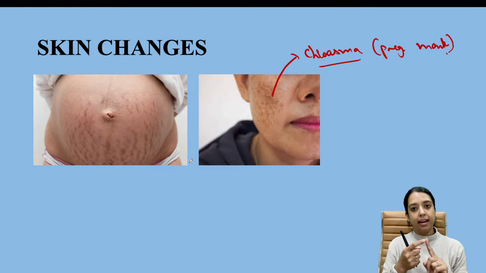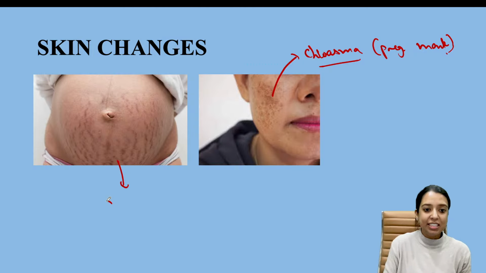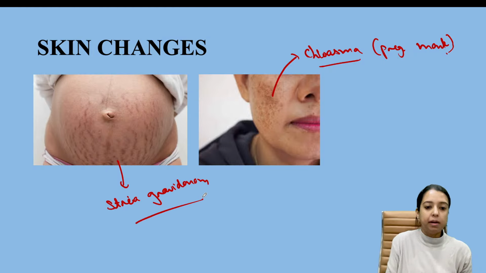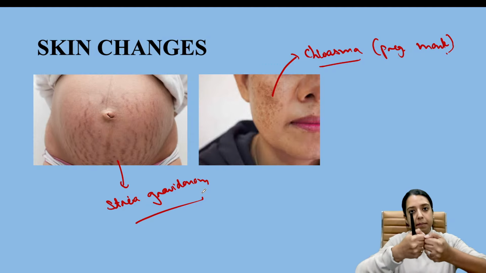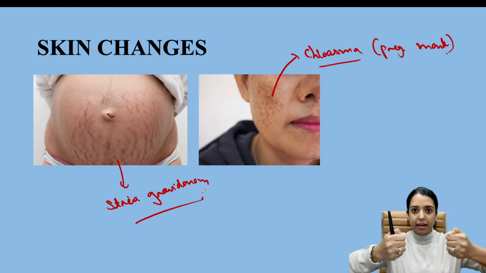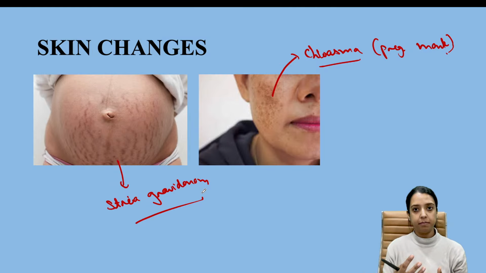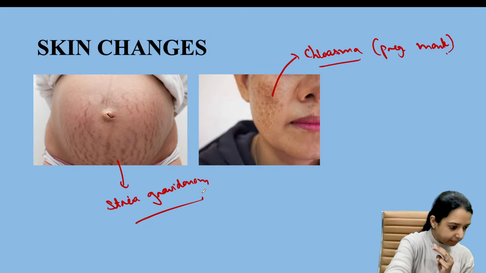The third thing seen in pregnancy is striae gravidarum, which is nothing but stretch marks, formed due to the separation of collagen fibers. When the abdomen is increasing, the collagen fibers underneath stretch. So these are the 3 skin changes in pregnancy: linea nigra, striae gravidarum and cloasma.